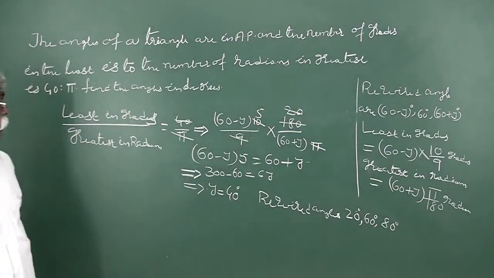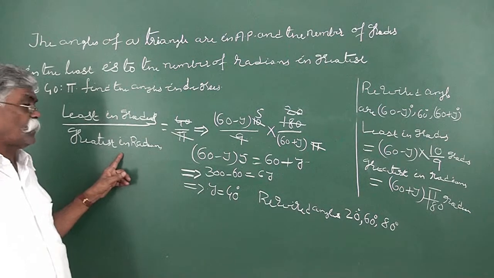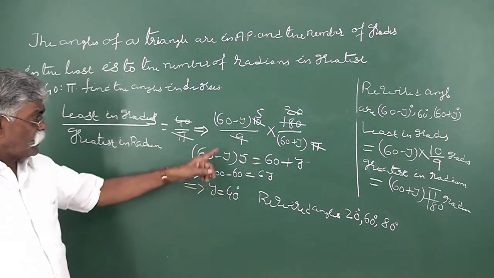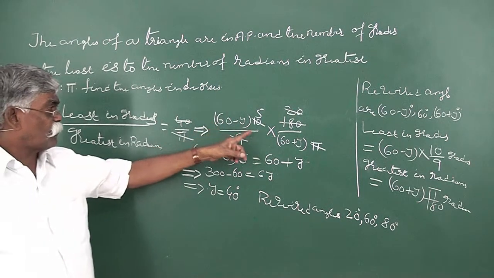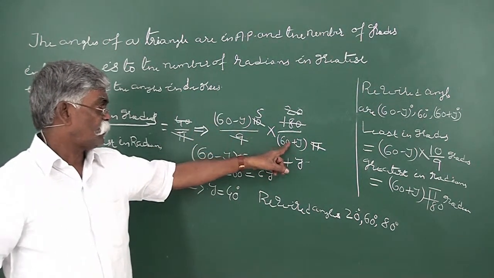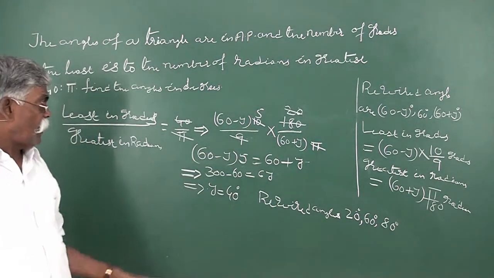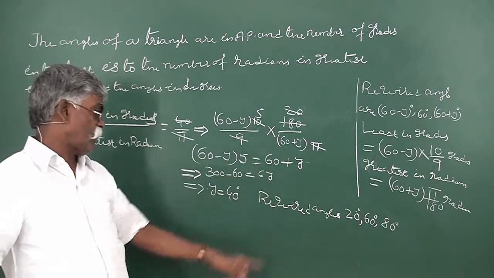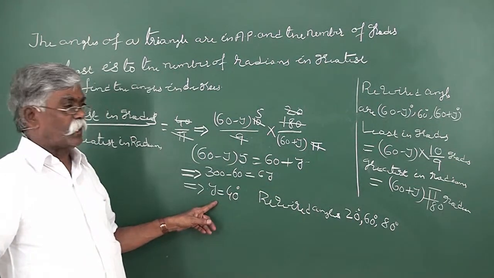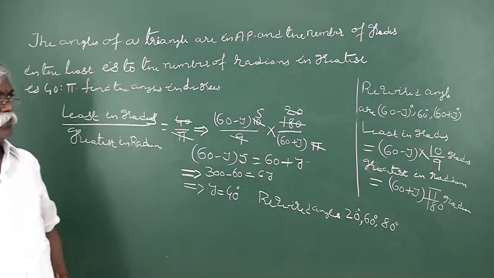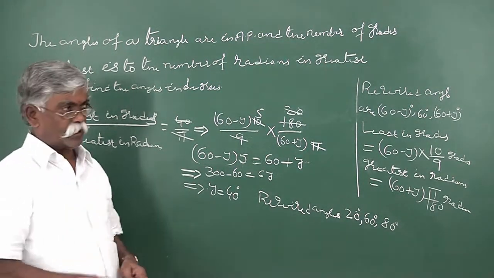So therefore the least in grades and the greatest in radians are in the ratio 40 by pi. The least in grades is 60 minus y into 10 by 9 into this is 180 by 60 plus y. Thereby 60 minus y into 5 is equal to 60 plus y, and y is equal to 40 degrees. Hence the three required angles are 20 degrees, 60 degrees and 80 degrees.